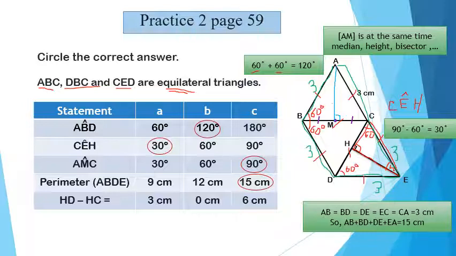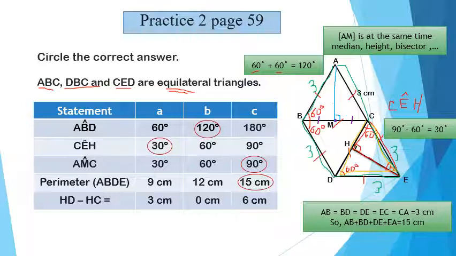Now, what about HD minus HC? In triangle CDE, EH is a height, and since it's an equilateral triangle, it's at the same time a median.